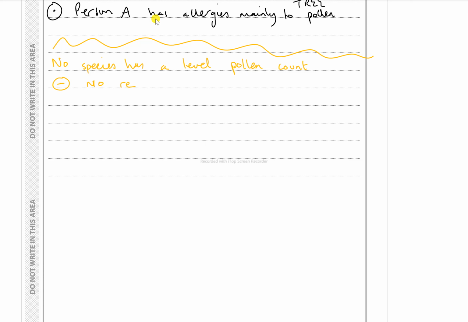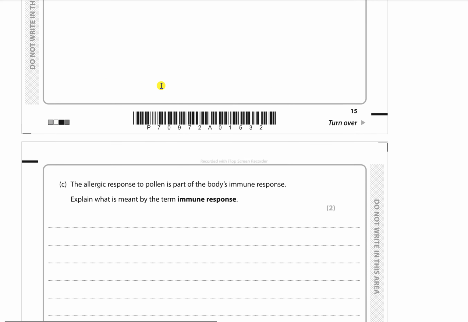No repeats, only done over 1 year. There's no details on species of tree, grass and weeds. So if you had to repeat, you won't know, or whether it's even native or right.